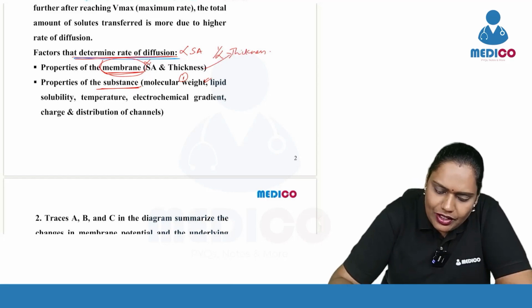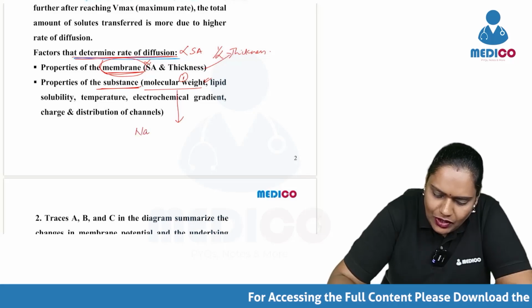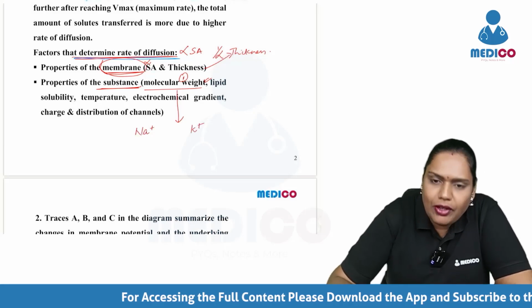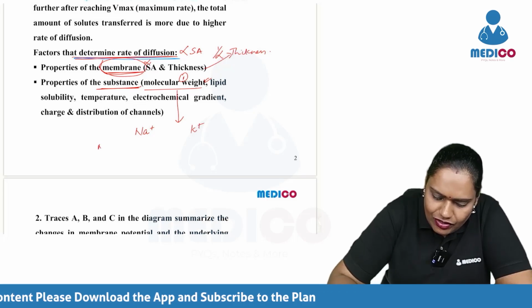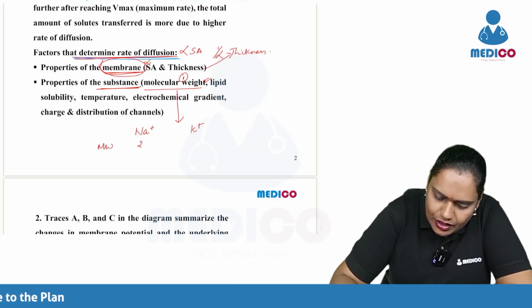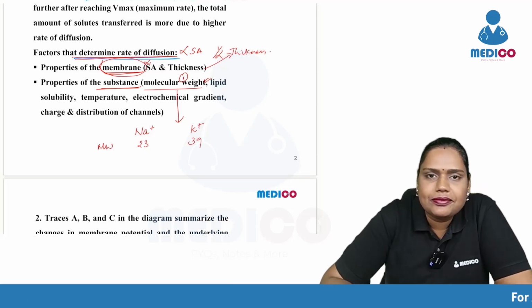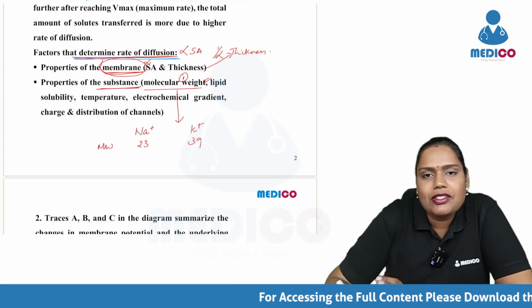Just by remembering this, I have two ions that need to be transported, sodium ion and potassium ion. The molecular weight of sodium is 23, and the molecular weight of potassium is 39.